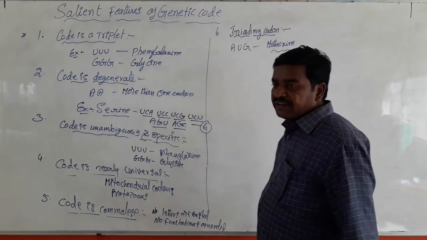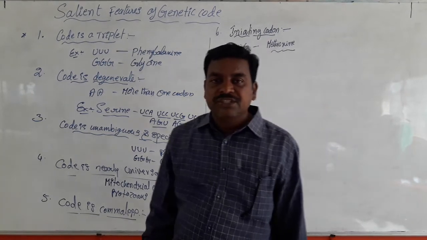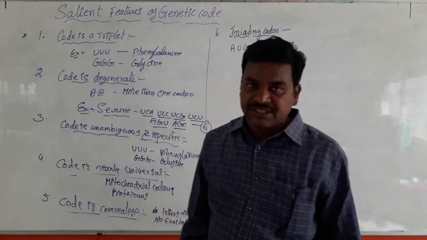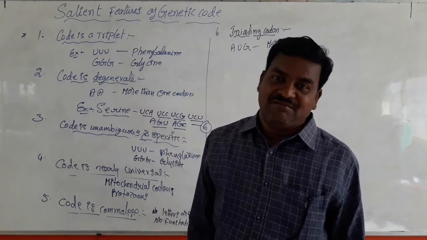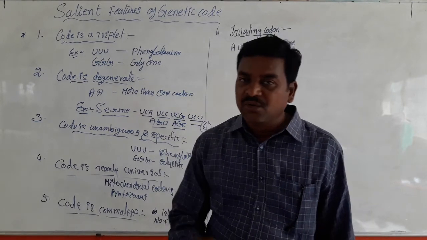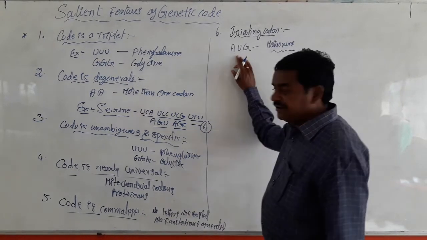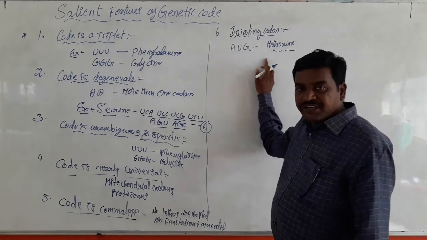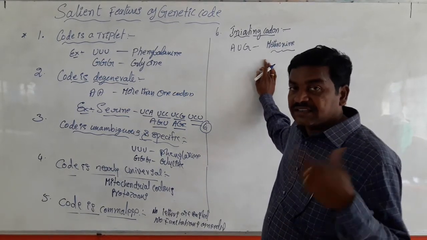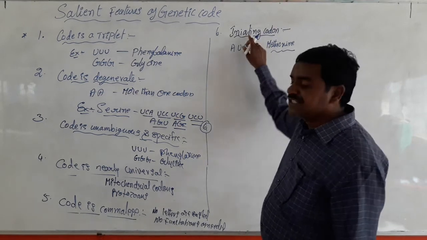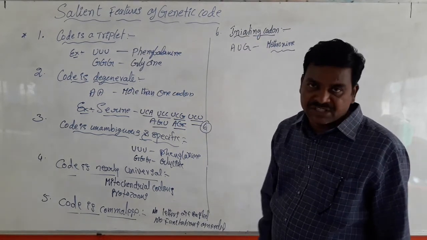Okay, very important. The AUG codon also serves as a dual codon. How does it serve as a dual codon? On one hand, it can recognize the methionine amino acid. On the other hand, it initiates the process of polypeptide chain formation.